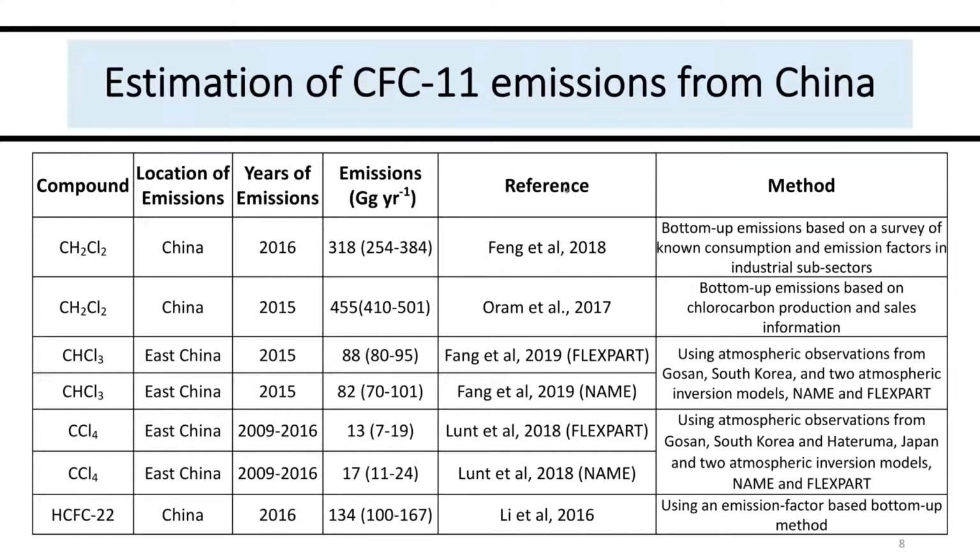Now, all of these studies used various different methods to calculate their emissions, and some of these studies calculated emissions for the whole of China and some for just the eastern part of China. We decided to use multiple different emission estimates in order to increase the confidence in our overall estimate and to also show the possible range.